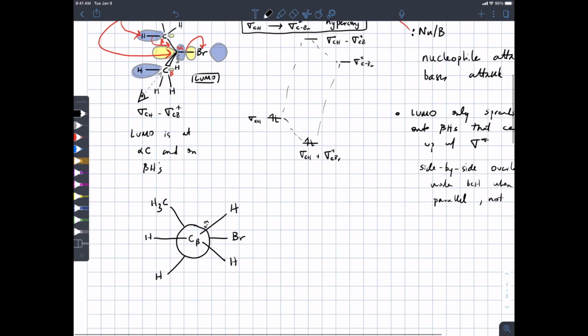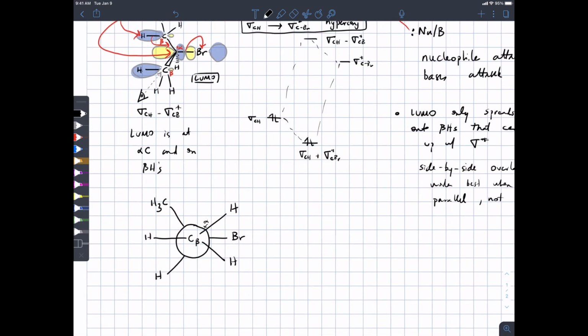Notice that from our drawing, the beta proton that has the LUMO on it is anti to the leaving group. I'm going to draw the orbitals again on this Newman projection. We won't be able to see all of them.